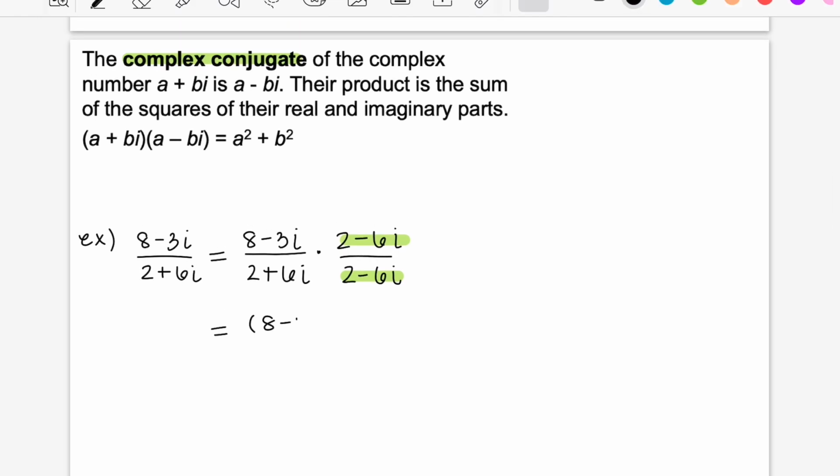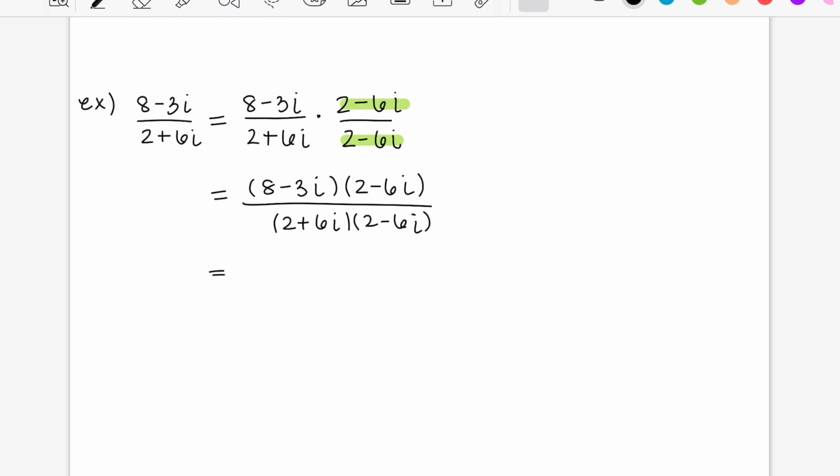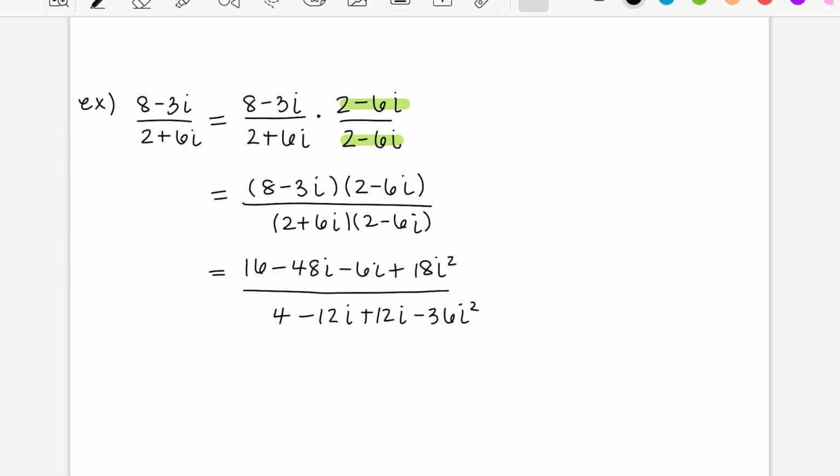So we're going to multiply straight across our numerators and our denominators. And then foiling the top and the bottom, we'll get 16 minus 48i minus 6i plus 18i squared. And in the bottom, we're going to get 4 minus 12i plus 12i minus 36i squared.